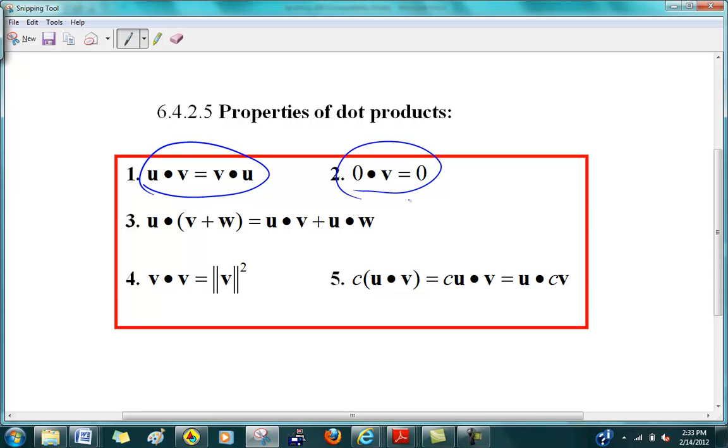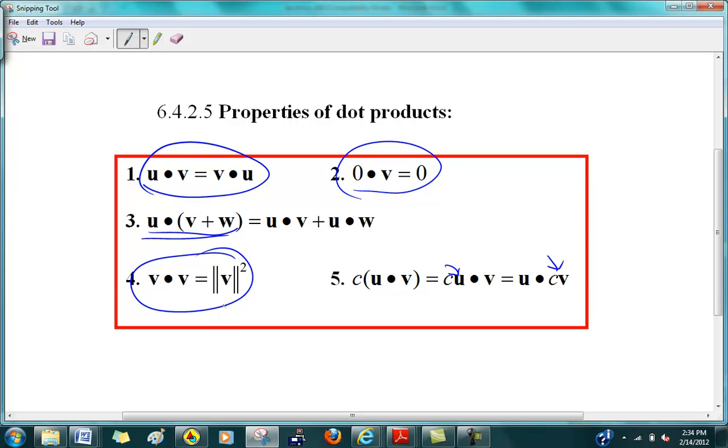In other words, the zero vector dotted with another vector will always give you a 0. Here's a distributive property, so you can distribute the vectors there. And here's a constant property where you can pull in the c to either the u or to the v. So these are properties that you've learned in algebra. This obviously is something new.